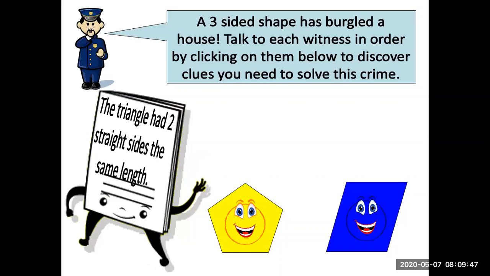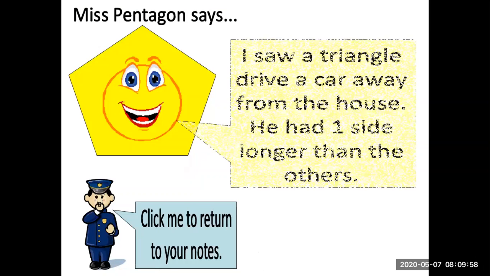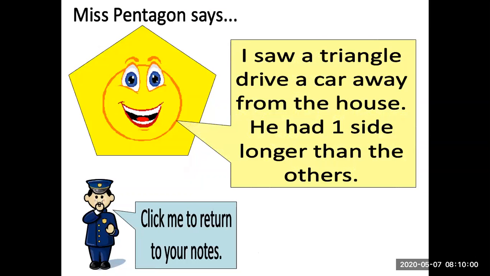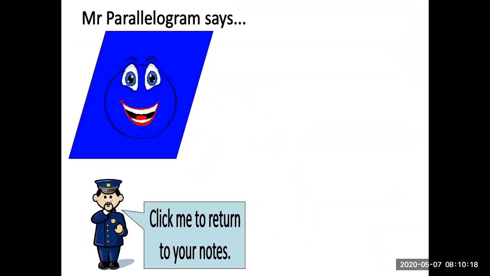The triangle had two straight sides the same length, says Miss Hexagon. Miss Pentagon says, I saw a triangle drive a car away from the house. It had one side longer than the others. Miss Pentagon said the triangle had one side longer than the others.